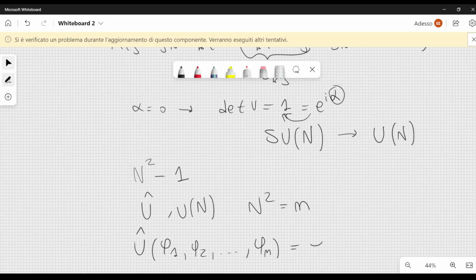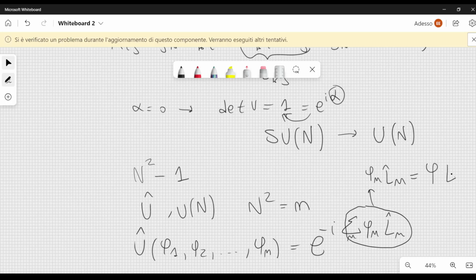And this can be written as an exponential, and we will define the exponential like this: e to the minus I summation over mu phi mu L mu. I could also use the summation convention, so I can rewrite this as phi mu L mu without the summation, or for simplicity just phi times L. So by this I mean phi mu L mu, which is exactly equal to that.